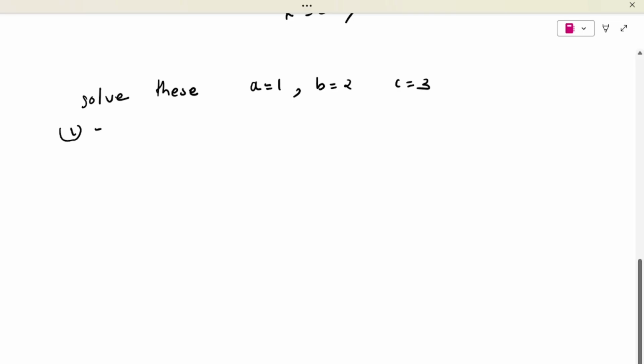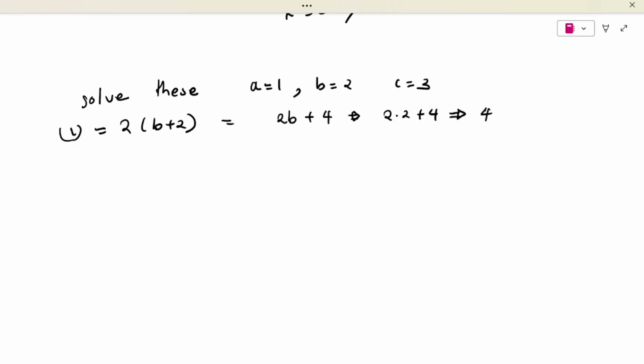So 1 is equal to 2B plus 4. We already know B is equal to 2. So it will be 2 times 2 plus 4, which is going to be 4 plus 4, which is going to be 8. So the answer here is 8.